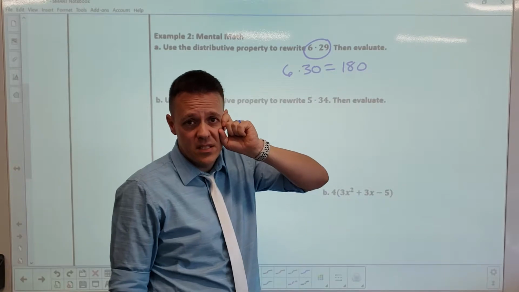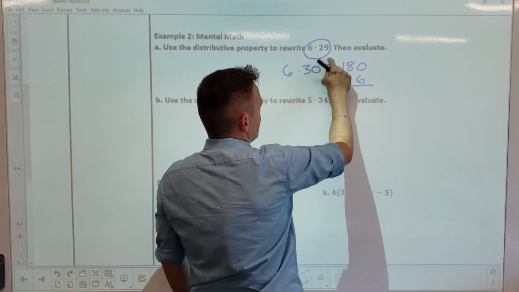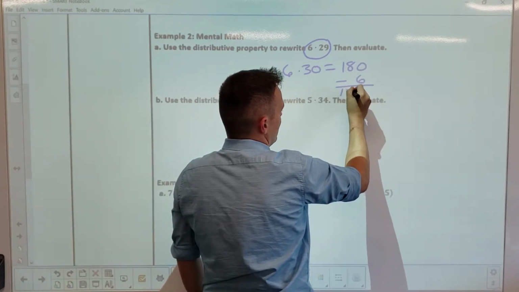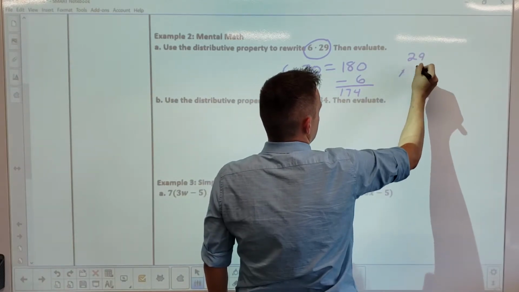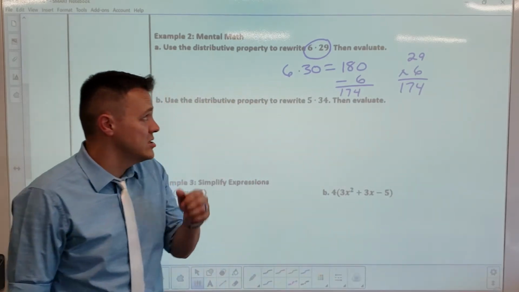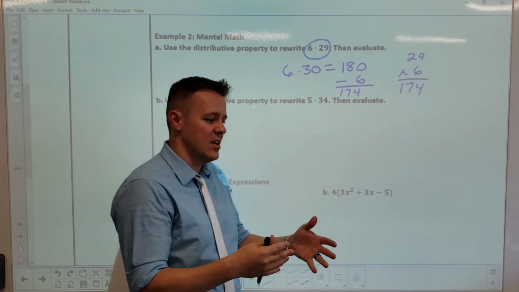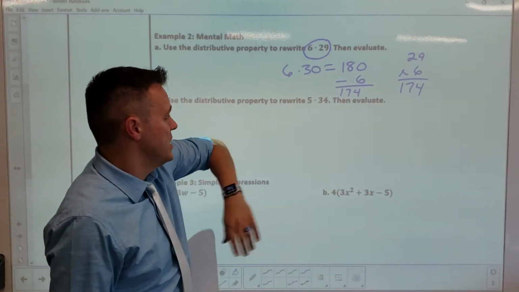It is how many 6s? 1. So what it's doing is it's telling you to evaluate to the closest number, subtract 6, and you get 174. So 29 times 6 is 174. What this is doing is mental math quickly and trying to get you guys effectively thinking, okay, I can do this, I understand. Now on this one, it's the same setup.